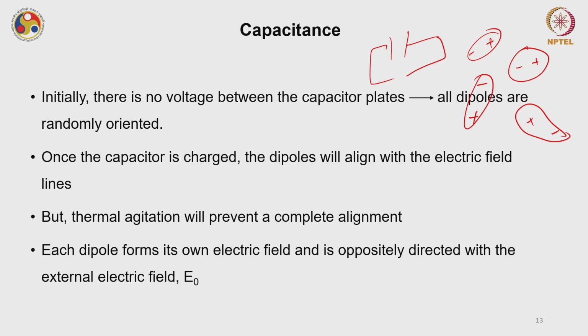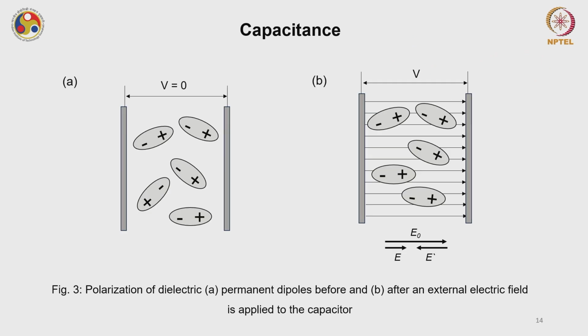Each dipole forms its own electric field, which is oppositely directed to the external electric field E naught. So each dipole will try to oppose the external electric field. Something like this: initially, when there is no potential applied, you have all these dipole moments oriented randomly.